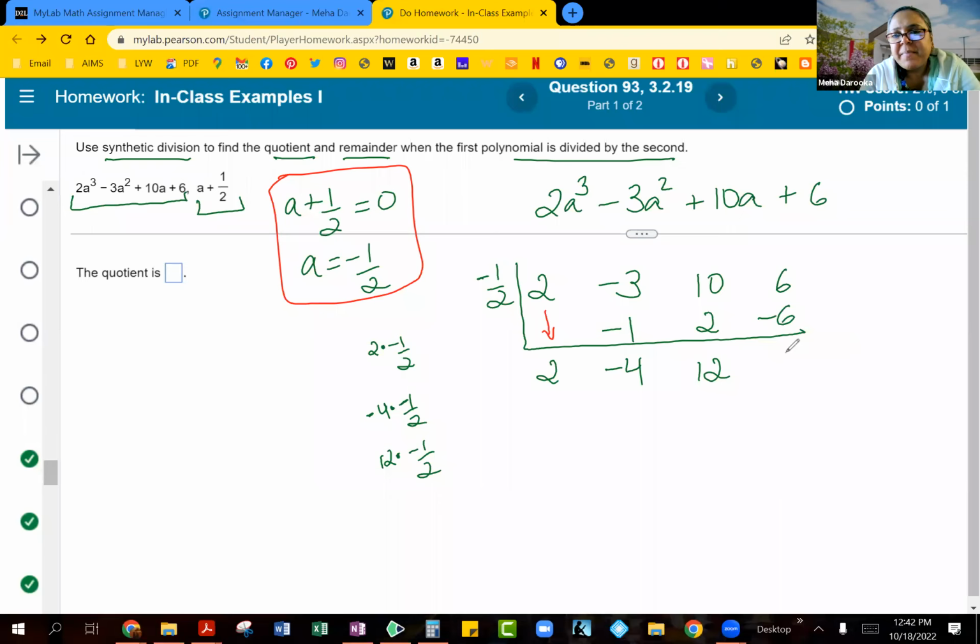And then what kind of remainder do we end up with? Yeah, very nice, guys. It will be 0, right? Because 6 and -6 will end up canceling each other out, and you end up with a 0 remainder. Perfect, very nice.